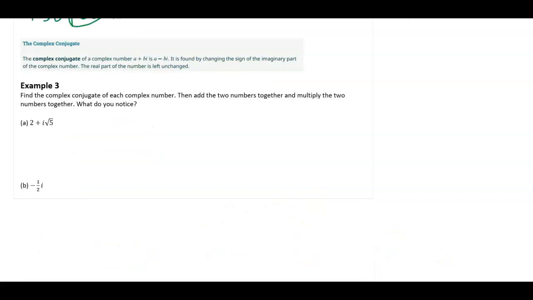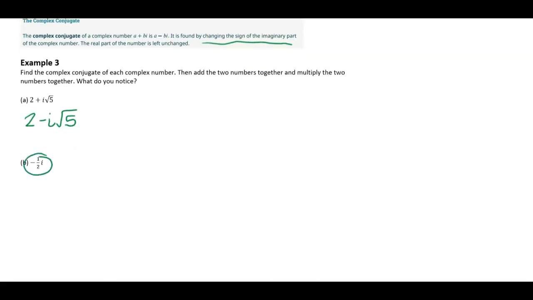The last piece of these complex number operations is realizing that every single complex number has a conjugate. It is found by just changing the sign of the imaginary part. Let's just find the complex conjugate of both of these numbers given here. The only thing I do to find the complex conjugate is change the sign of the imaginary part.